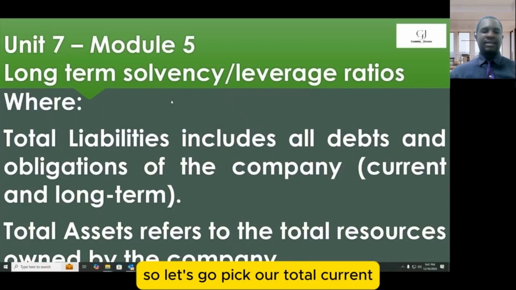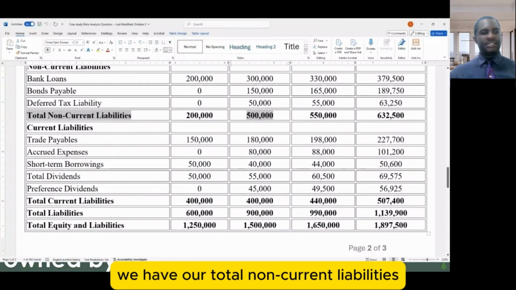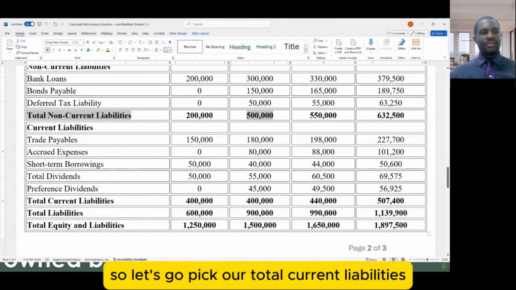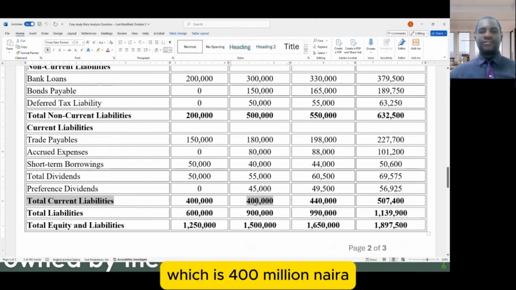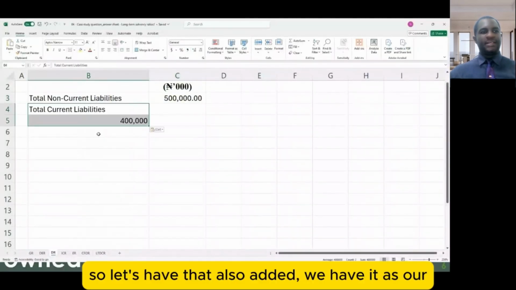So let's go pick our total current liabilities, which is 400 million naira. So let's have that also added.